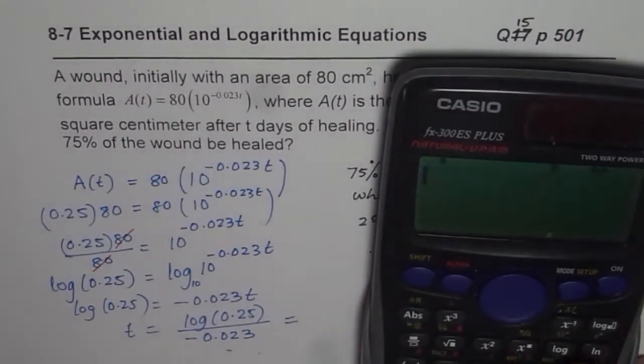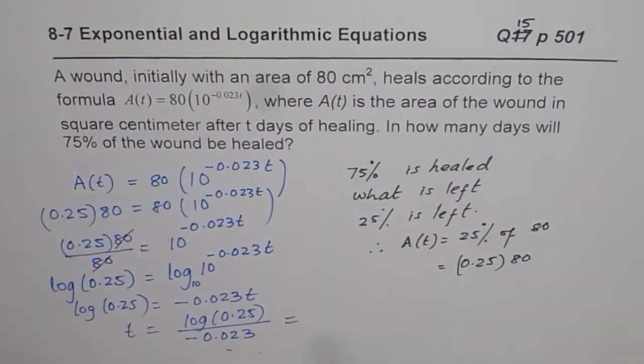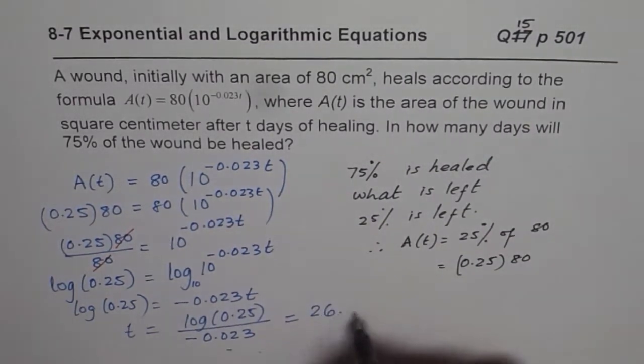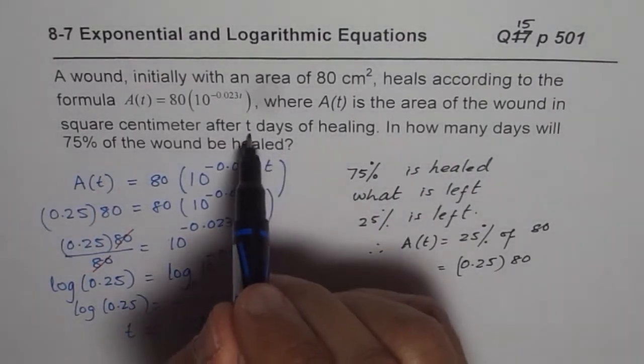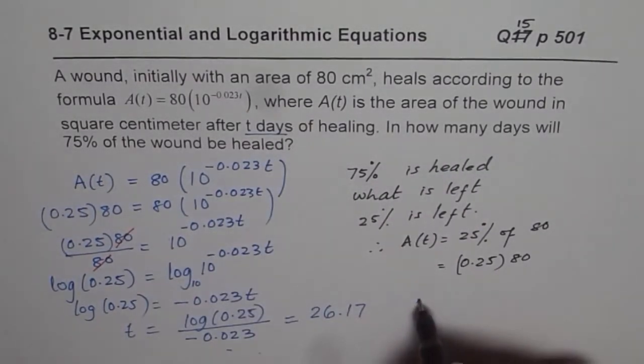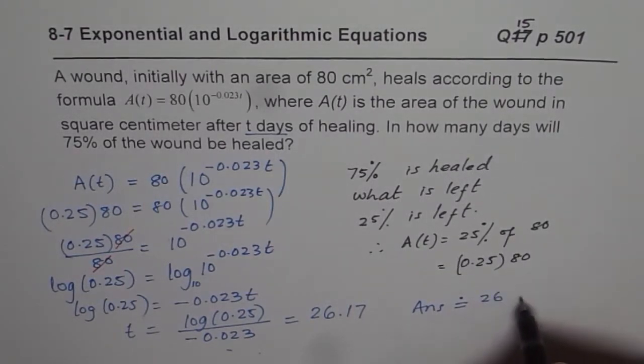So we have log of 0.25 divided by, within brackets, minus 0.023, bracket close, equals 26.17. So you get 26.17, and t is in days, right? So after t days of healing, we can say the answer is approximately 26 days.